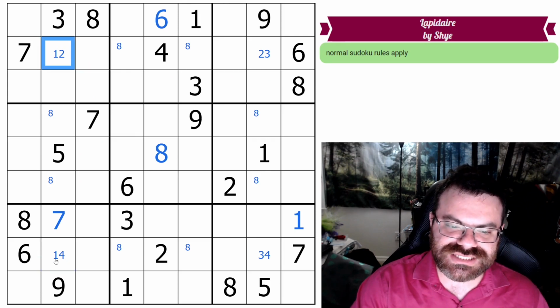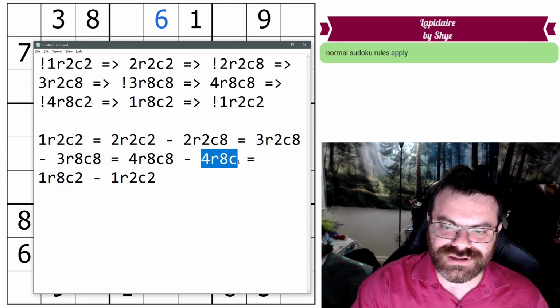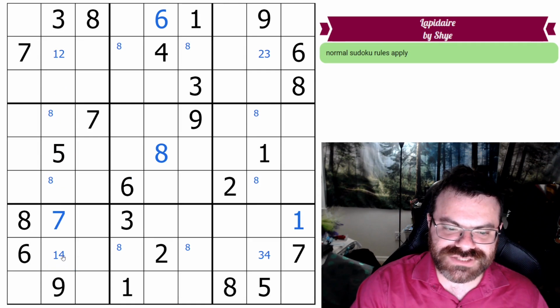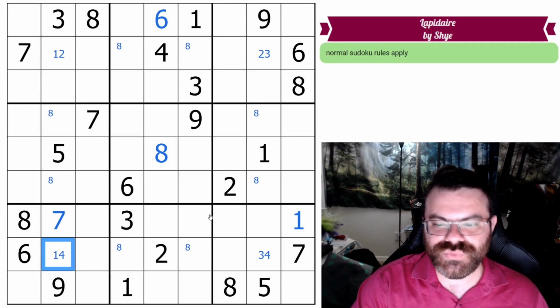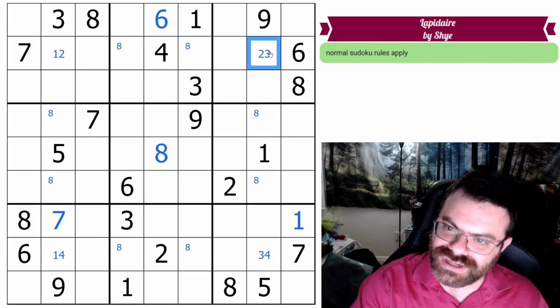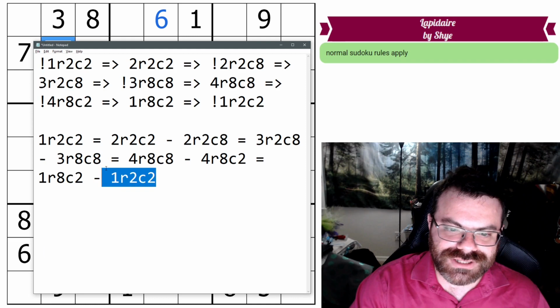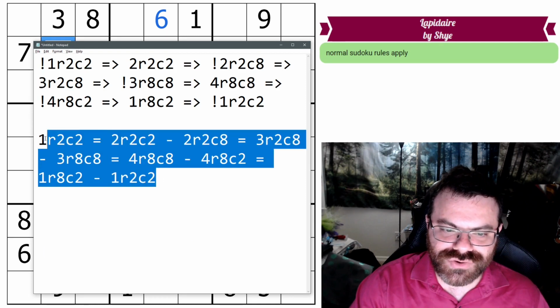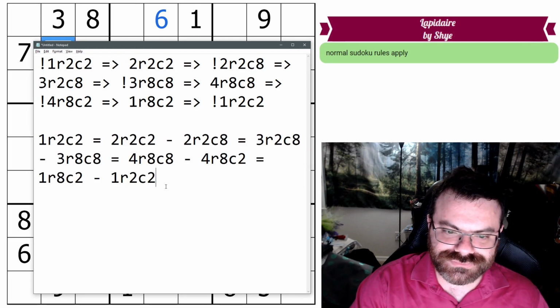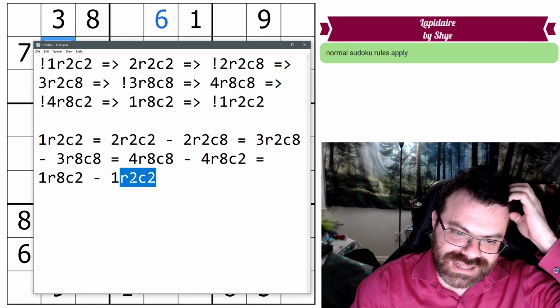So if this is a 1, this is not a 1, which has a strong link to the 4 in row 8, column 2, which means 4 is true, which has a weak link to the 4 here, which has a strong link to the 3, which has a weak link to this 3, which is a strong link to the 2, which has a weak link to this 2.